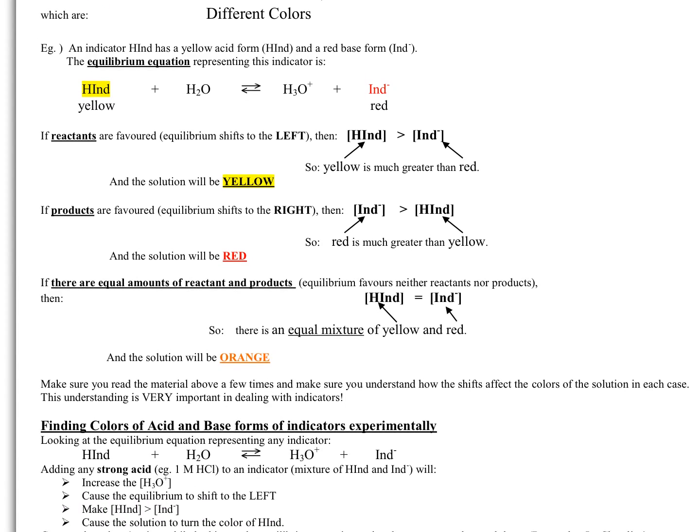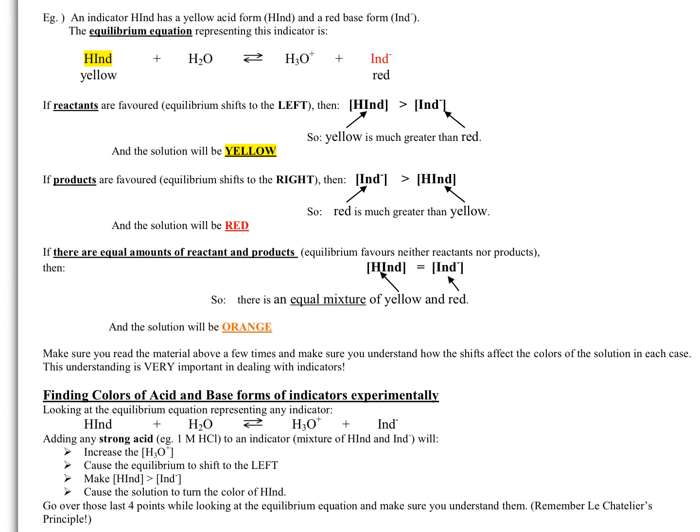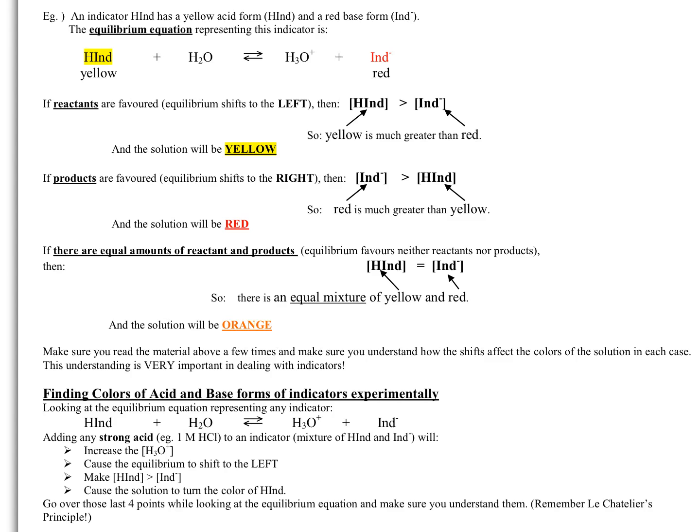Looking at the equilibrium equation represented by the indicator, adding any strong acid to this solution will increase the hydronium concentration. Why? Well, because any strong acid, HA, will always dissociate into an H plus and an A minus.